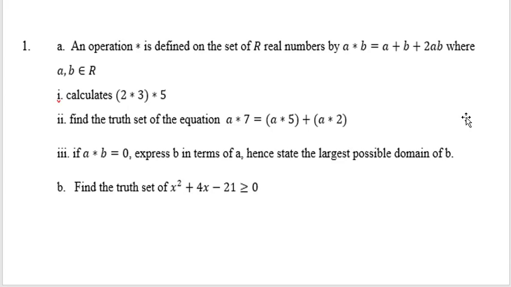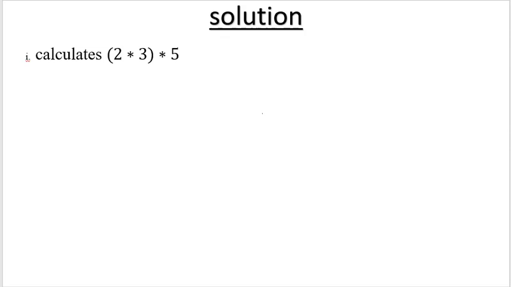We try solving them. Okay, so we start with the first question, that is part (i). It says that we have to calculate (2 star 3) star 5. For a question like this, all that you have to do is bracket first. We try simplifying what we have in the bracket, but don't forget the definition of the star operation.